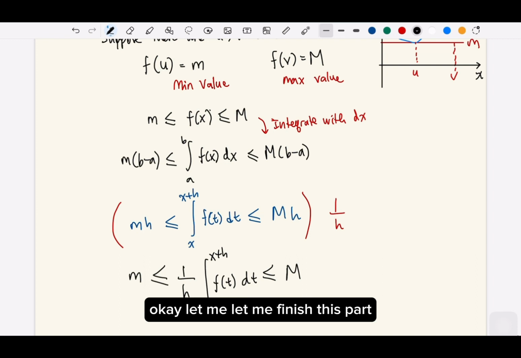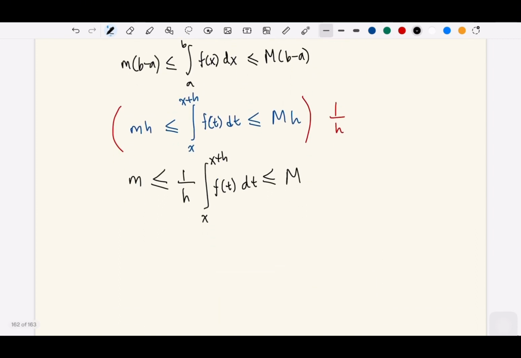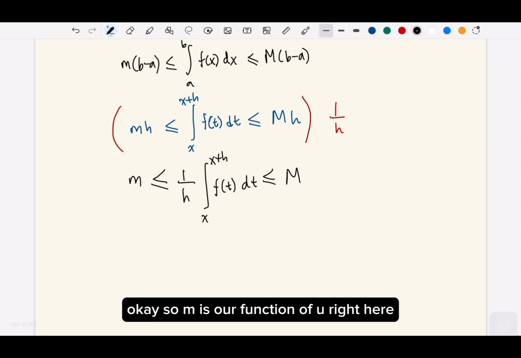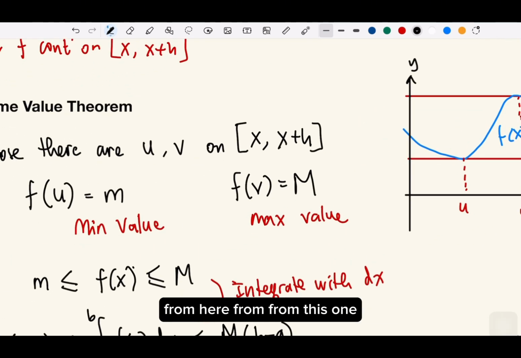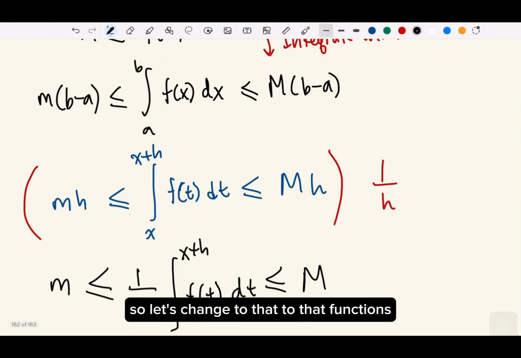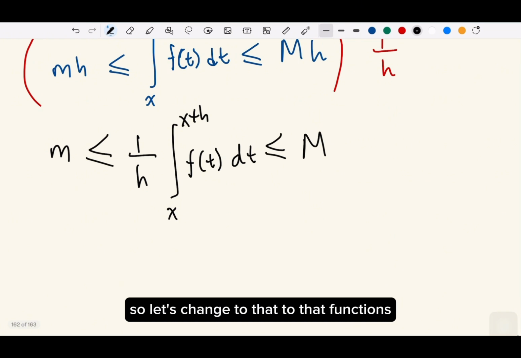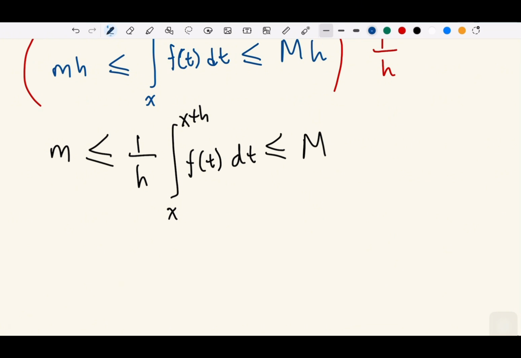Okay, let me finish this part. So m is our function of u right here, and capital M is the function of v. So let's change to those functions.